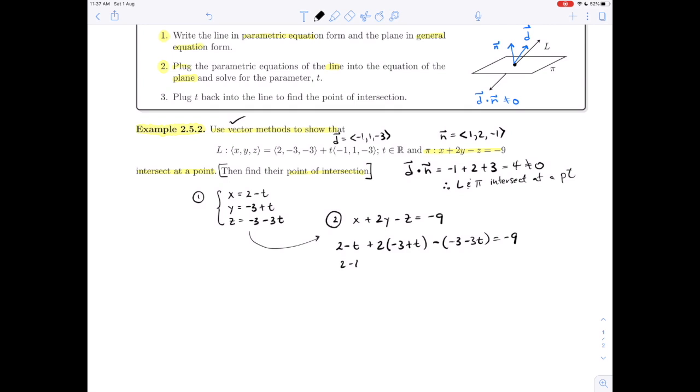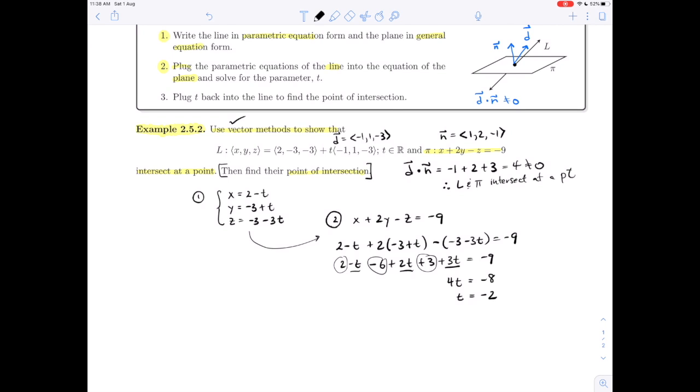So 2 minus t minus 6 plus 2t plus 3 plus 3t is equal to -9. If we collect our t's, we have 4t, and collecting the constants, 2 plus 3 is 5, minus 6 is -1, bring the 1 over to the other side, so 4t is -8, t is -2. So we finished the second part.